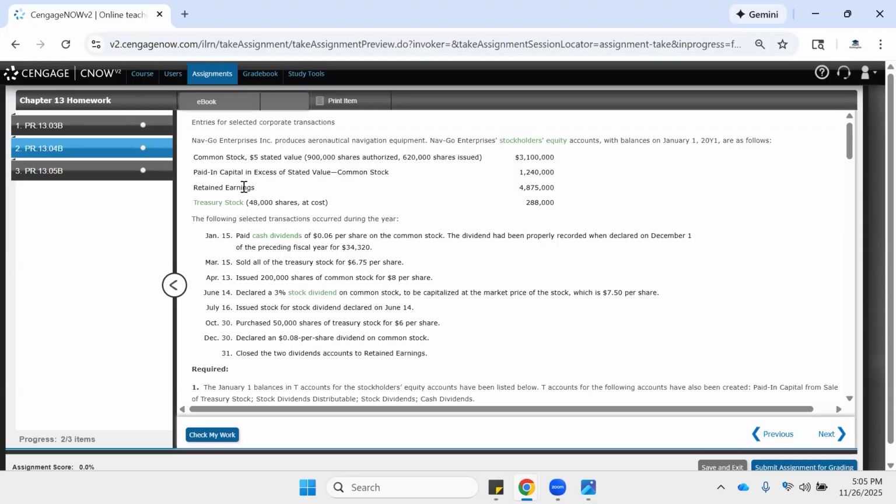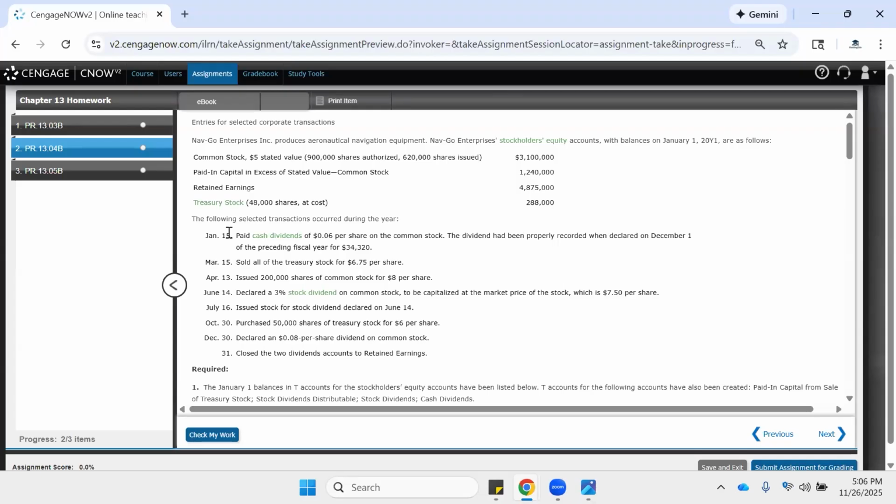Shares outstanding are reduced by treasury stock, which is stock that's been purchased back by the company. If we imagine a circle of shares or a pie chart, shares authorized includes all the shares authorized. Shares issued will always be less than or equal to authorized, and shares outstanding will be less than or equal to the shares issued.